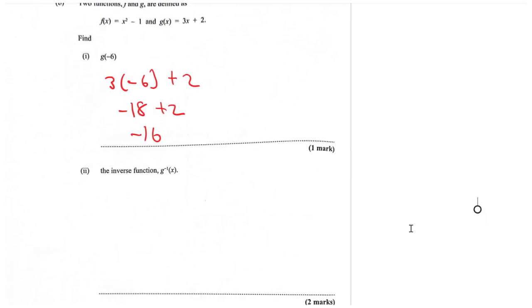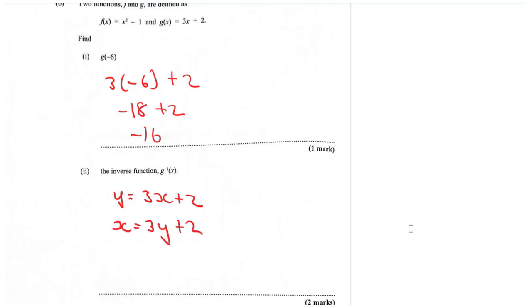Right? Now in part 2, it says find g inverse. Now, what we're going to do to find g inverse, we're going to replace the g of x with y, so we're going to say y is equal to 3x plus 2. Now we're going to interchange the x and the y. So we're getting x is equal to 3y plus 2. Then we're going to transpose for y.